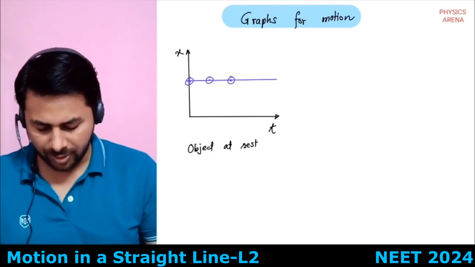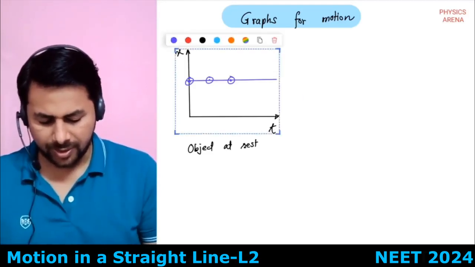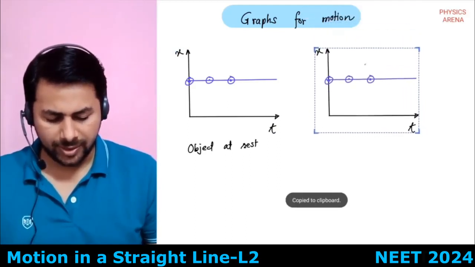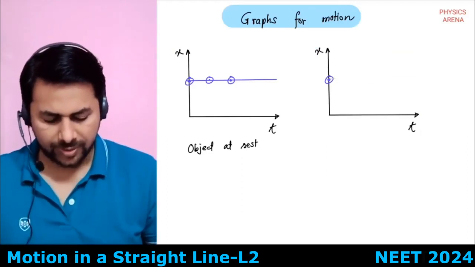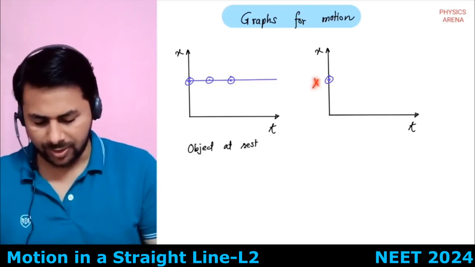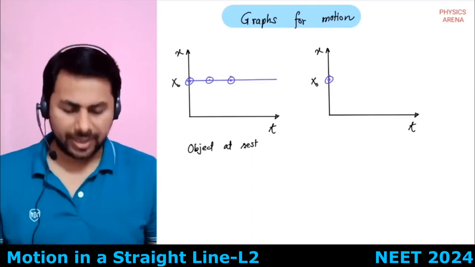Now let's suppose your object is moving, and the object is performing a uniform motion, that is motion with constant velocity. And suppose your object is starting from this position, we can call it x0. The particle is starting from x0.